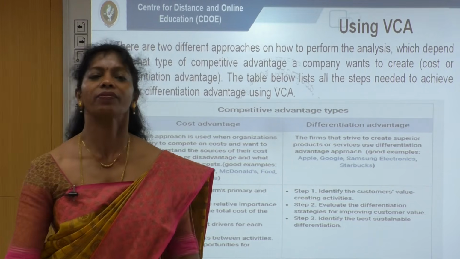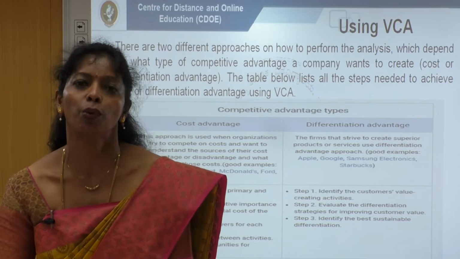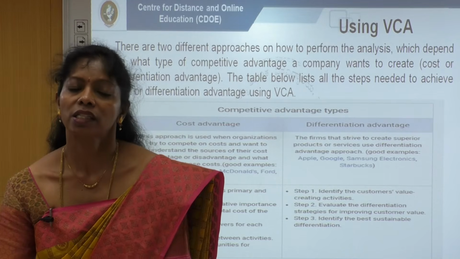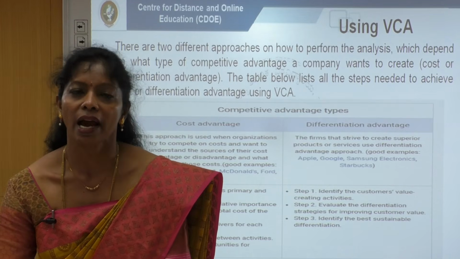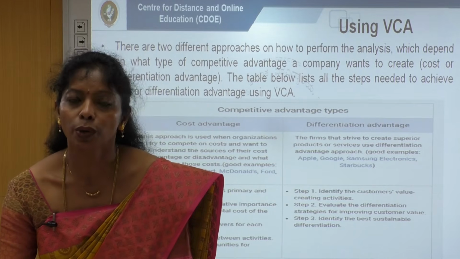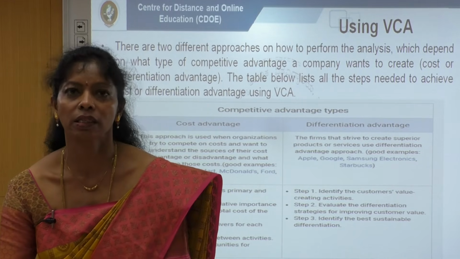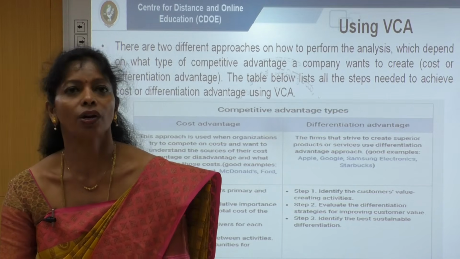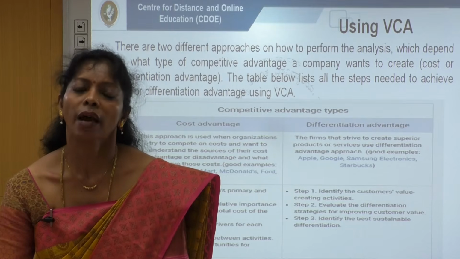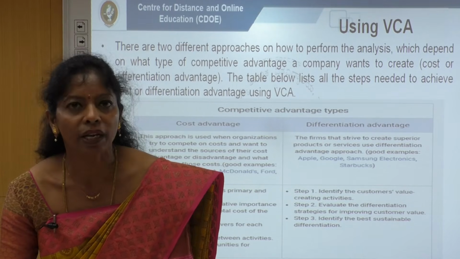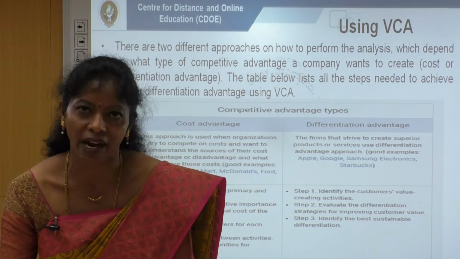First, identify the firm's primary and supporting activities. In any organization, as clearly stated, primary activities are inbound logistics, operations, outbound logistics, marketing and sales, and service. In an organization, the employees involved should clearly identify which are the primary activities and which are the supporting activities.